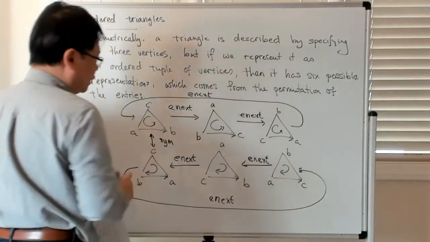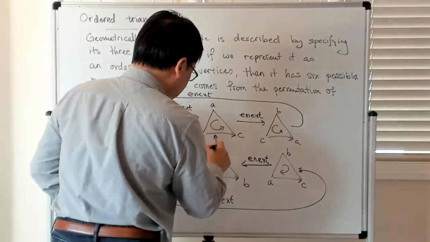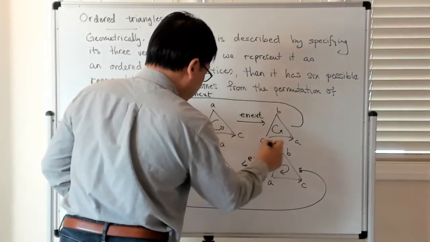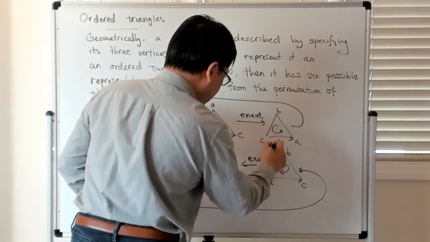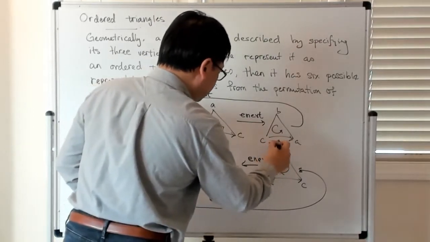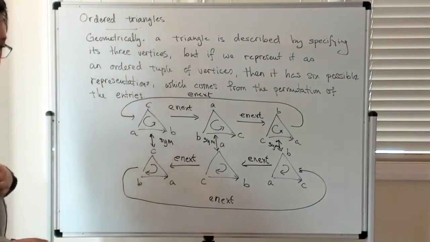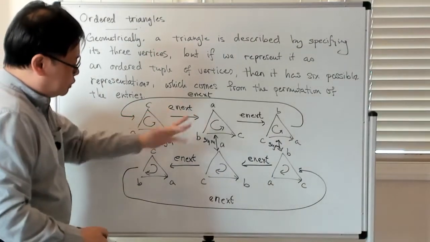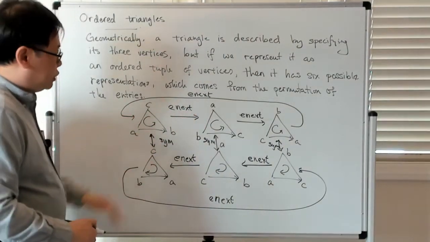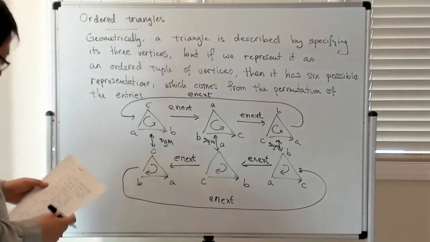So it's some sort of reflection, if you will. Okay, so these two operations together allow you to go between different permutations of the vertices.